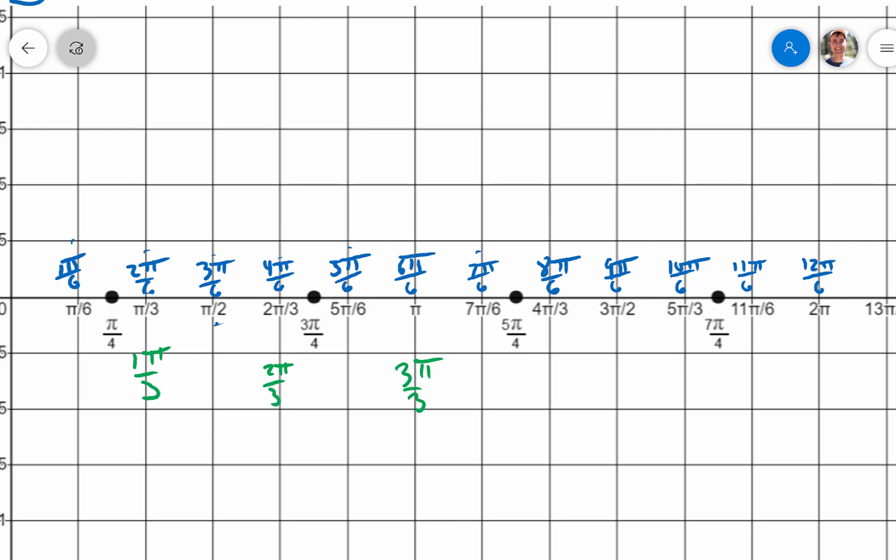And then we jump 2, and then we're over at 4 pi thirds. And then we jump 2, and then we're at 5 pi thirds. And then we jump 2, and now we're over at 6 pi thirds. Now 6 over 3 equals 2 pi. And 3 over 3 equals 1 pi.